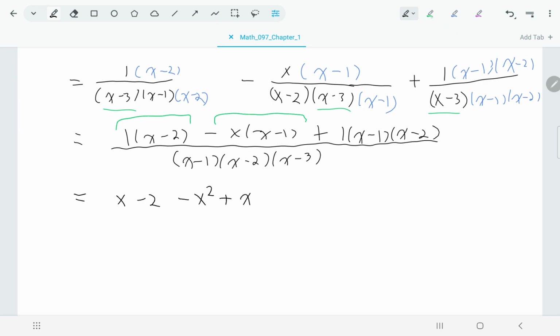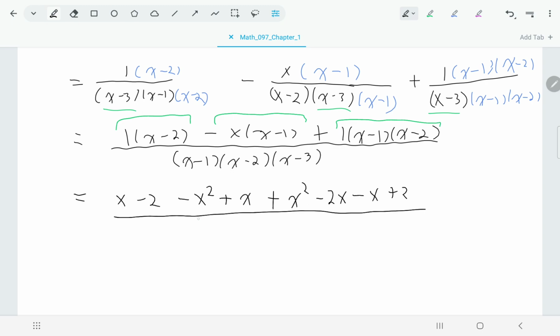And then for the last term that we've got there, that's a 1 times an x minus 1 times an x minus 2. So if we multiply that out, we'll have x times x, which is x squared, x times negative 2, negative 1 times x, negative 1 times negative 2. There we go. That's all of our numerator, all over x minus 1, x minus 2, x minus 3.